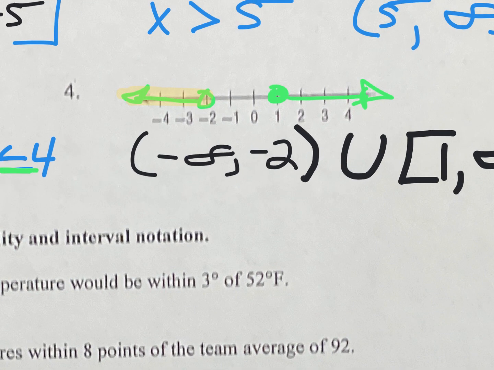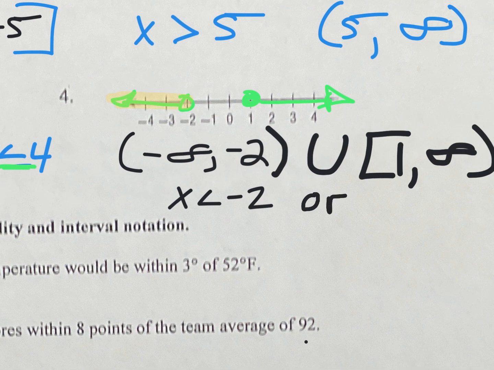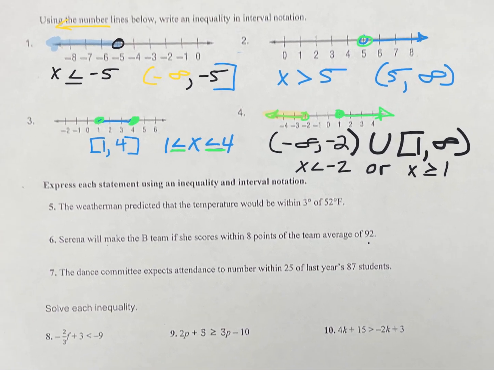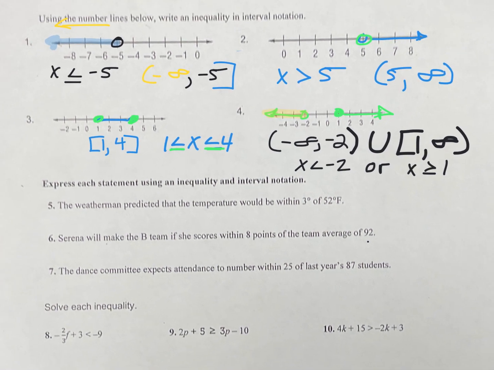Same thing with the inequality. You need x is less than -2, or x is greater than or equal, not to 4, my bad, to 1. So when it's an or, you've got to have 2 separate pieces. When it's an and, you've got to have just 1 interval there together.